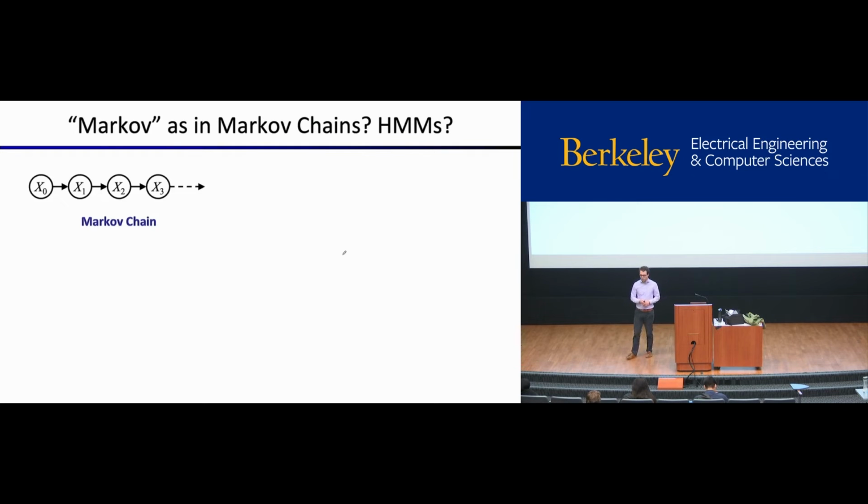In Markov chains, this is what the Markov chain looks like. It's kind of like a Bayes net. It can go off to infinity. And each of the conditional probability tables looks the same. It says that the conditional probability of x_{t+1} only depends on x_t, and that it looks the same no matter which t we start in. Could be t equals 5, could be t equals 6. Same probability distribution. That's the Markov chain.